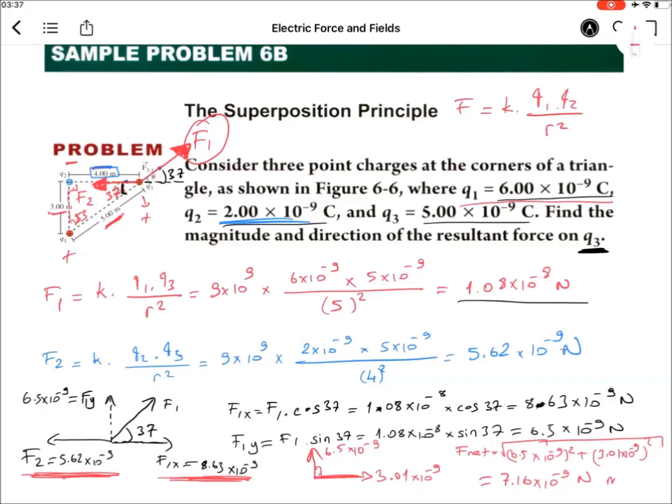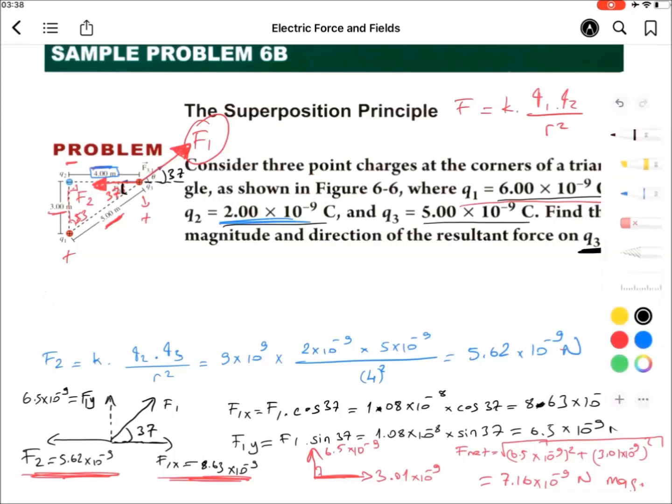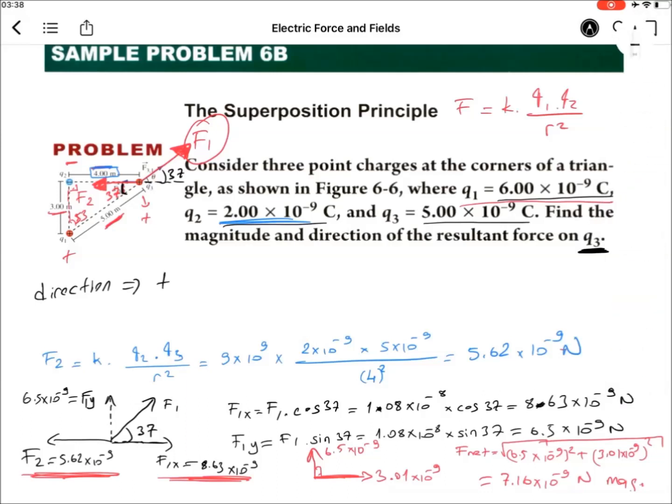This is the magnitude of the resultant force, and it's asking us what the direction is also. To calculate direction, I will erase some part. We can calculate it with tangent theta.